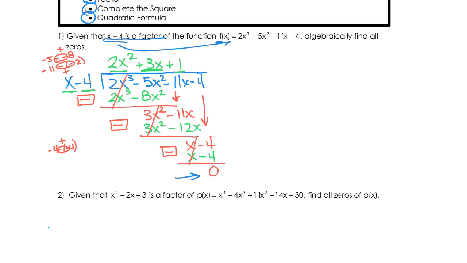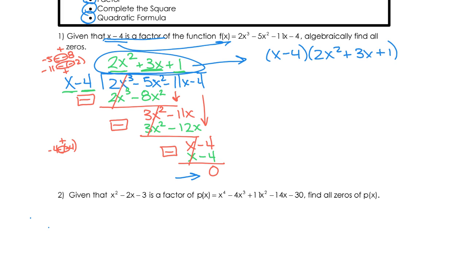That was true. Now we're going to take this polynomial off to the side, and we're going to use it as the other factor. If you think about it, x minus 4 is a factor, and now you found 2x squared plus 3x plus 1 being the other factor, so that if we put them together, we would end up with the polynomial that we started with.